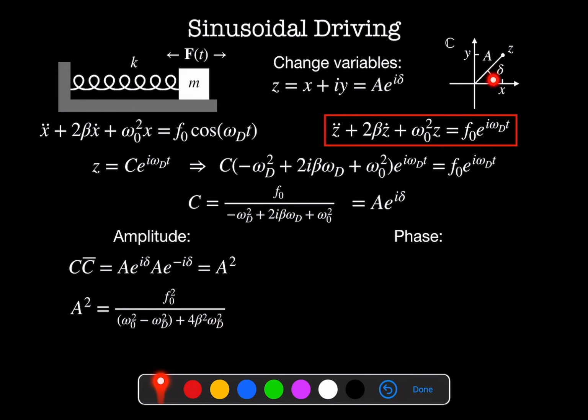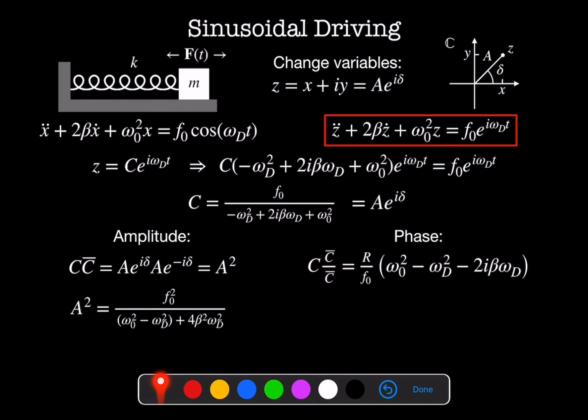So for the phase, I want to look for what this angle is here. I'm going to look at this in terms of a right triangle. I've got a real side here and the imaginary side here. So the angle delta is the arctan of the ratio of the imaginary piece to the real piece. I'm going to extract this information from C by, in a clever way, multiplying by 1.